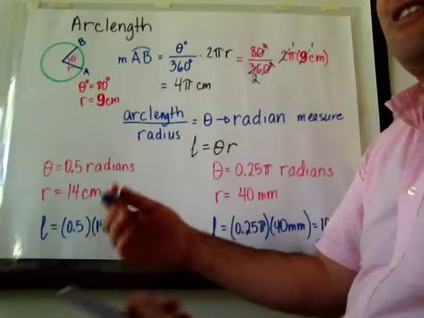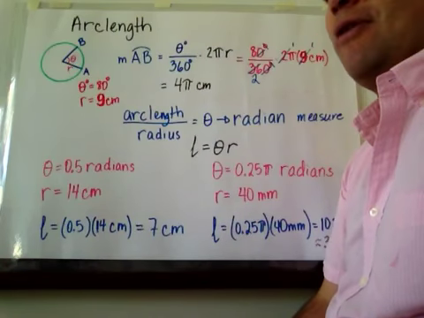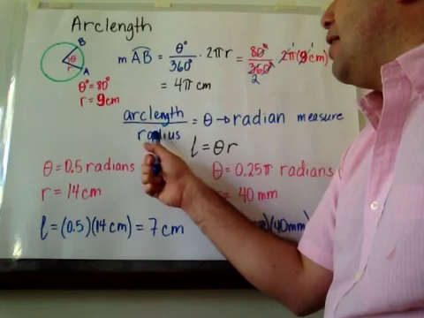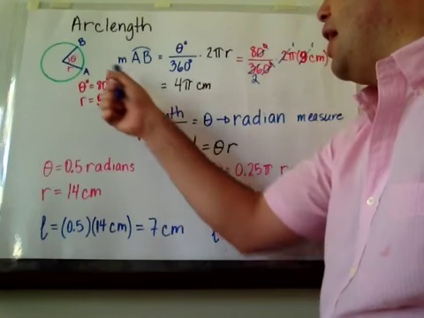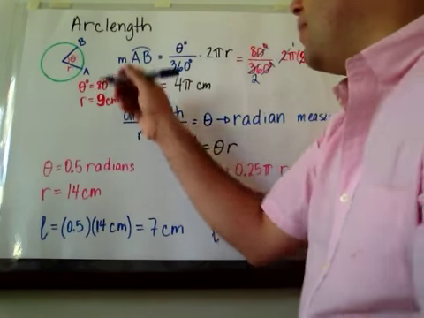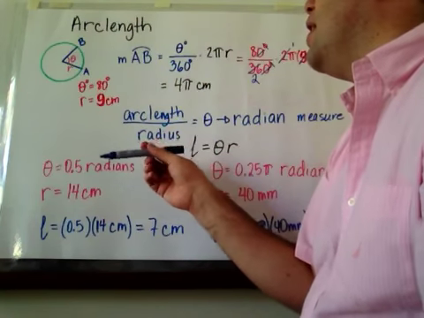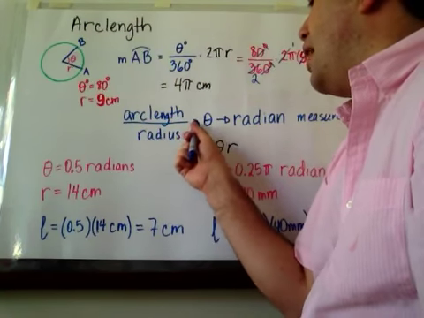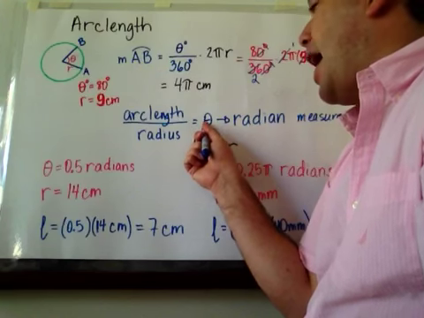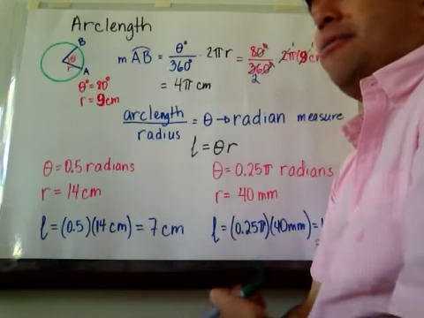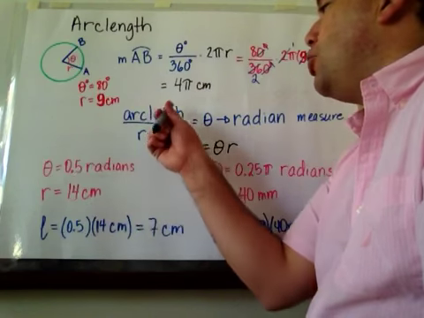Now 4 pi is a little bit more than 12, almost 12 and a half. So we have that the arc length divided by the radius is the angle. Arc length divided by radius is said to be the angle in radian measure. Radians is another way to measure angles, and it uses a proportion.